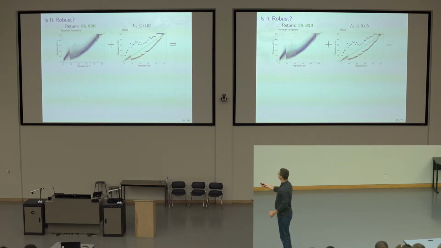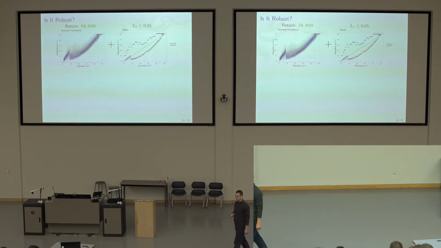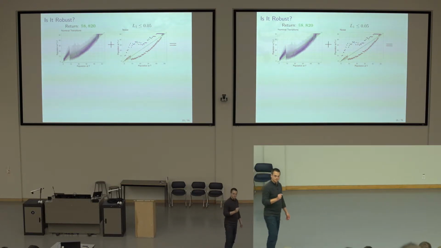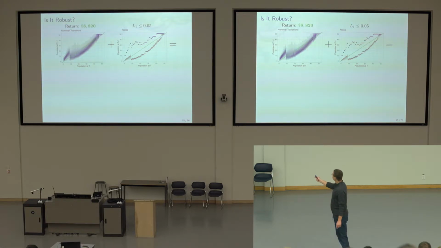These are my transition probabilities. I'm going to add a little bit of noise. The noise I'm adding here, the L1 norm, think of it as the size of the noise, for each one of the states is less than 0.05. So this is a very little bit of noise. You see two colors here: red means subtraction, blue means addition.